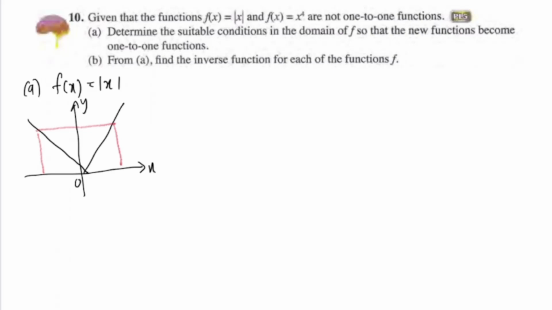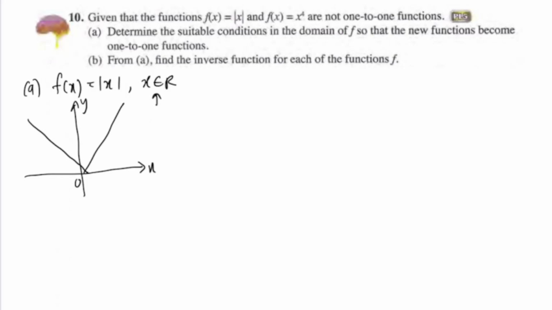So if it's not one-to-one, then it has no inverse, right? So how do you make it one-to-one? Okay, we call this a domain restriction. Normally in Maths Form 4 we don't say this, but for IGCSE A levels we write this up. x is an element of real numbers. That means x can take any value.